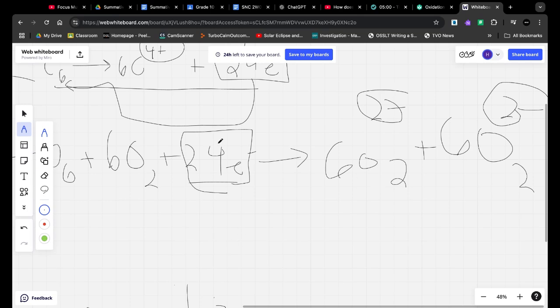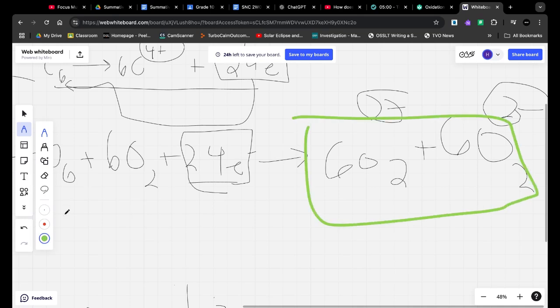These 24 electrons are stored within these oxygen molecules, specifically these. When these things break, also, this doesn't have an O2, by the way.